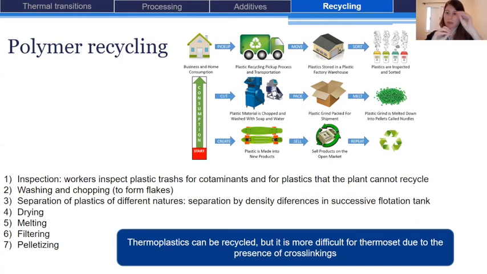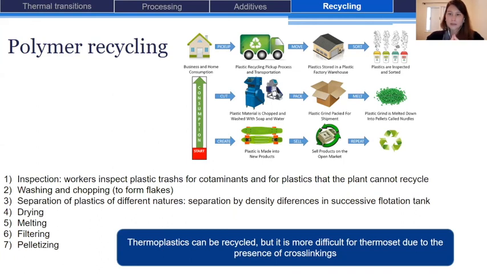So we make this first separation. And each time, the part that floats and the part that sinks is placed in another solvent, and so on and so on, in order to make a refined separation of all the different plastics.